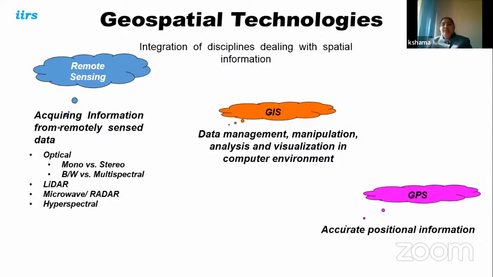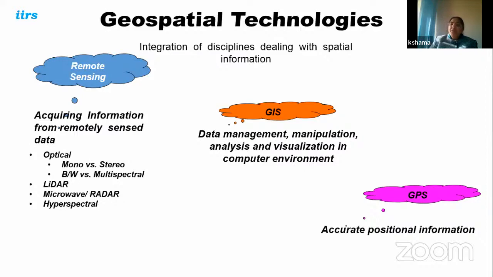These data sets can be mono versus stereo, meaning a single image, or overlapped stereo image data, which can be utilized for getting 3D information. It can be black and white, covering a broad band in a single band, or it has narrow bands with a number of bands, which we can convert to multispectral data.